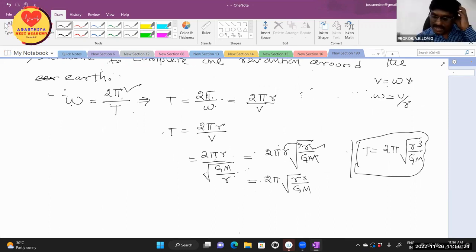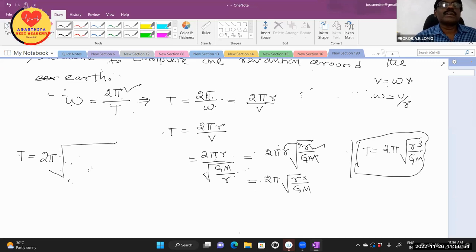This formula is also expressed in terms of g, that is acceleration due to gravity. See, in this formula, in the numerator, R is given. R is the distance from the center of the Earth to the position at which the satellite is placed.